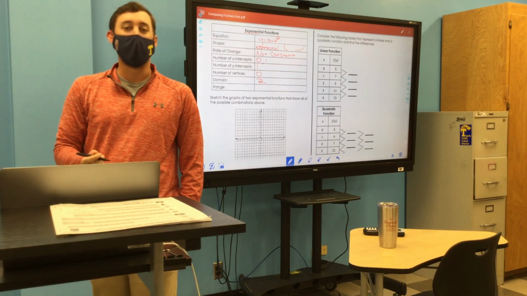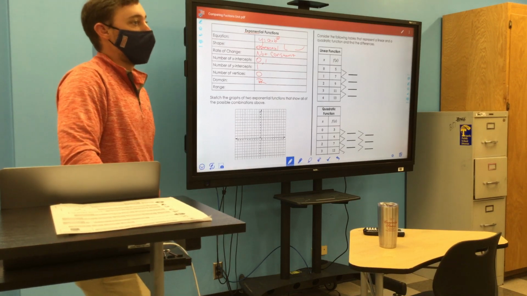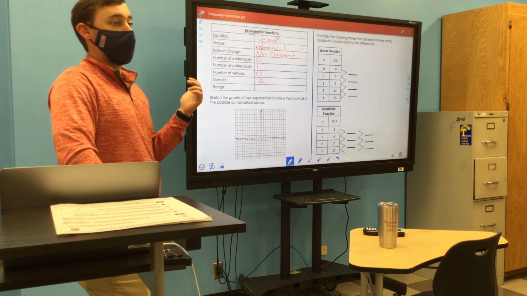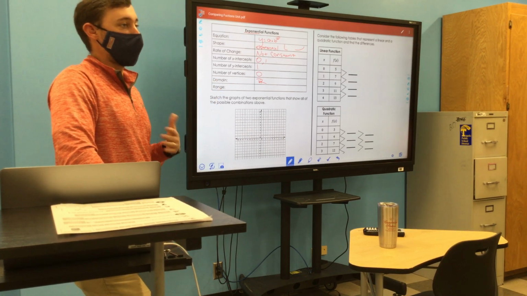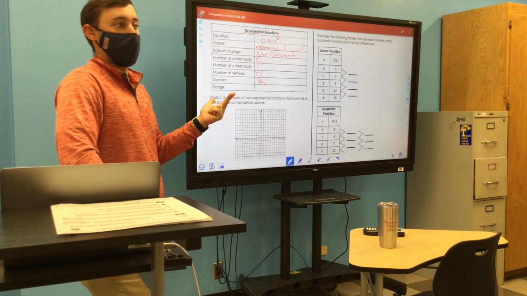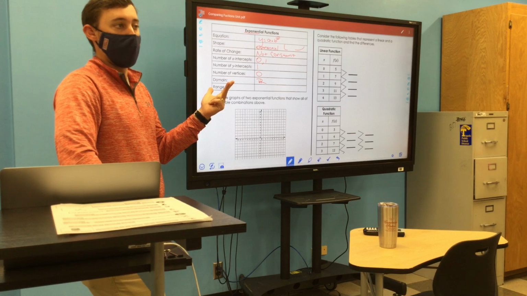So this is why they won't ask about domain really. I say they won't, they might. But generally they don't ask about domain for linear, quadratic, or exponential. Why? All 3 of them were what? All real numbers.